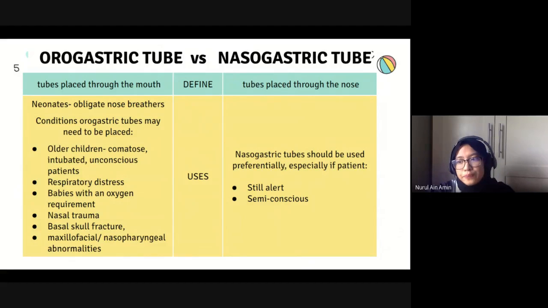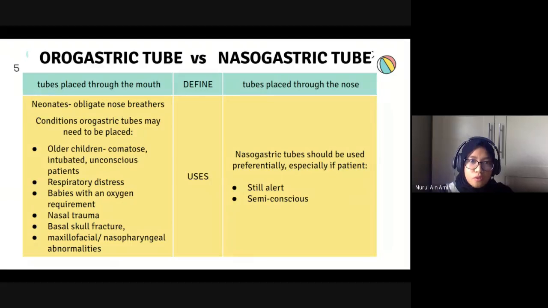Orogastric tubes are usually used more in neonates, especially because they are obligatory nose breathers, and they are also preferred in small infants since it prevents airway blockage.